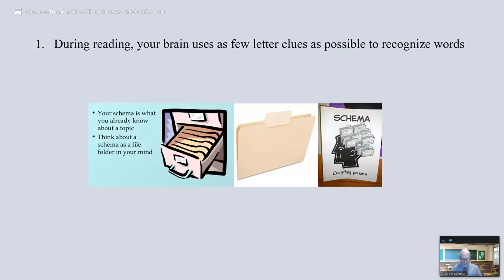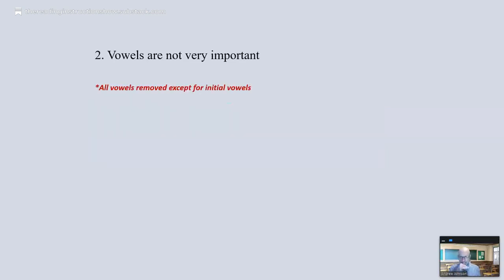For example, I can read things about literacy pretty quickly and understand them pretty effortlessly because there's a lot of schema in my head, a lot of file folders related to literacy instruction. The same brain trying to understand things about financial planning? Not so much. File folders? Very empty. We use what's in our head to help us recognize words and understand context in print.